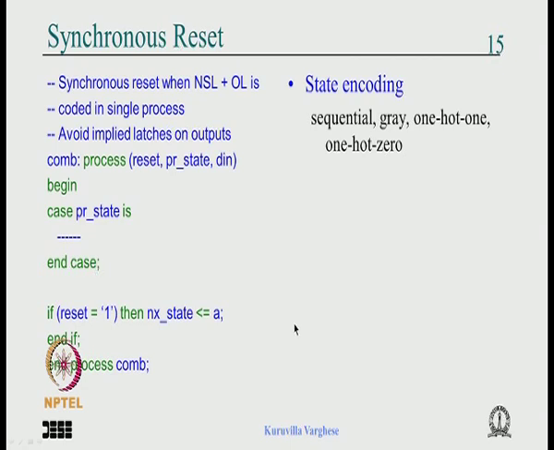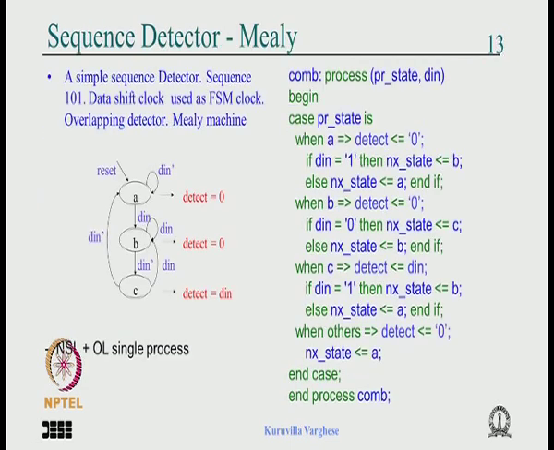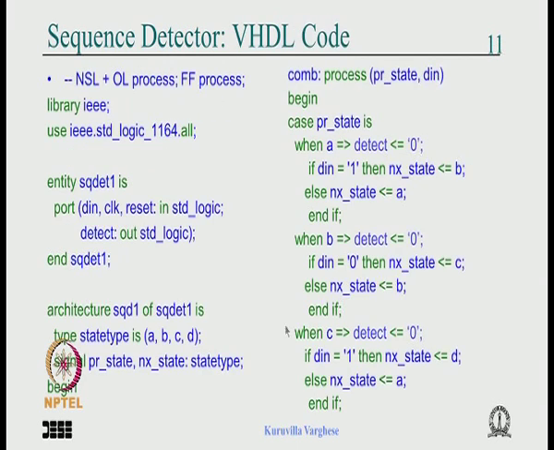And we also said normally if you don't specify anything, and you just leave the code like this, the tools will assign a symbol encoding, mostly sequential encoding, like 0, 1, 2 and 3.